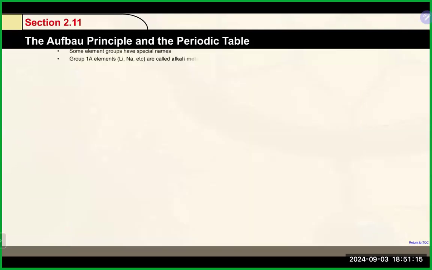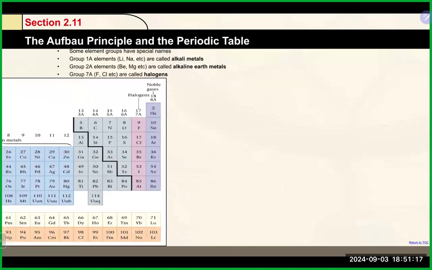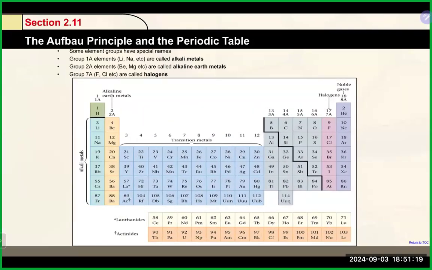In addition, there are certain groups on the periodic table which have certain names. Group one, which starts with lithium, is known as the alkali metals. Right next door, where beryllium, magnesium and so forth are, are the alkaline earth metals.